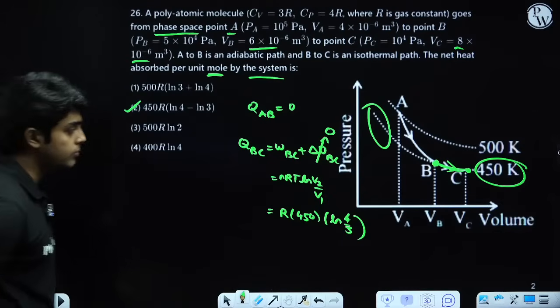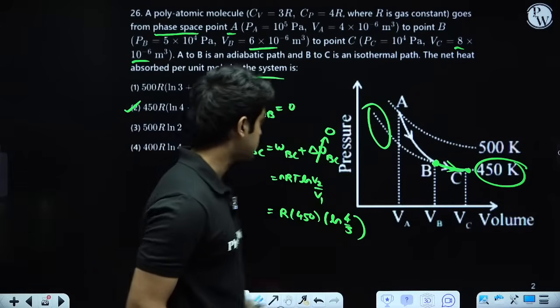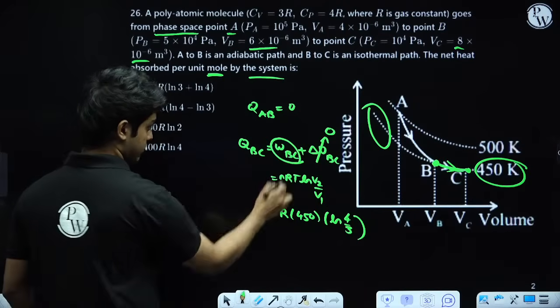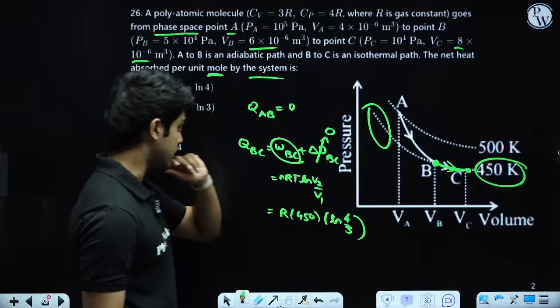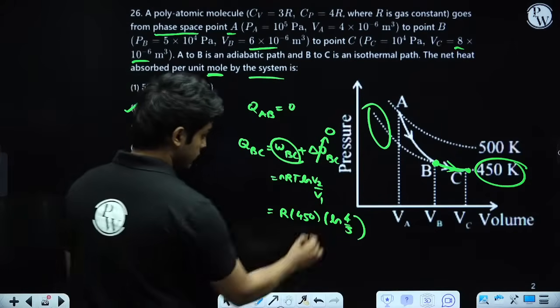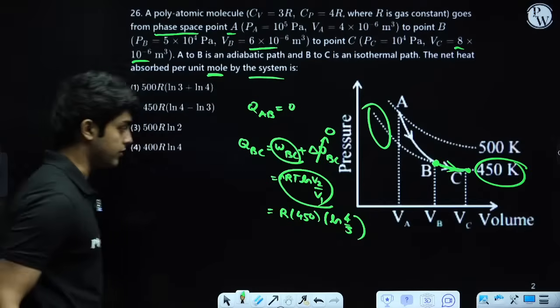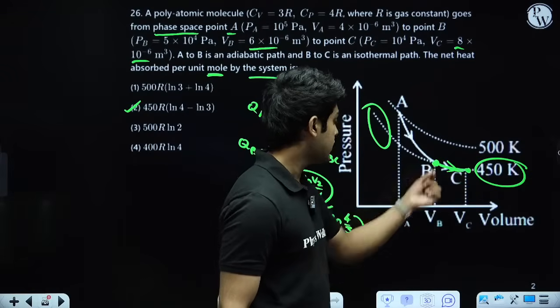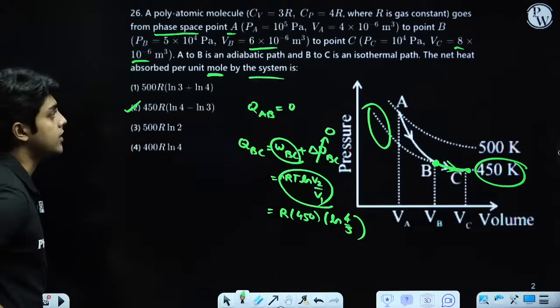Heat transfer will only be in B to C, which is the isothermal path. And for an isothermal process, the heat transfer is the same as the work done, because there is no change in internal energy. Okay, and the work done in isothermal is nRT ln V2 by V1. The final volume in the isothermal process is Vc, initial volume is Vb. Okay, and that is it.